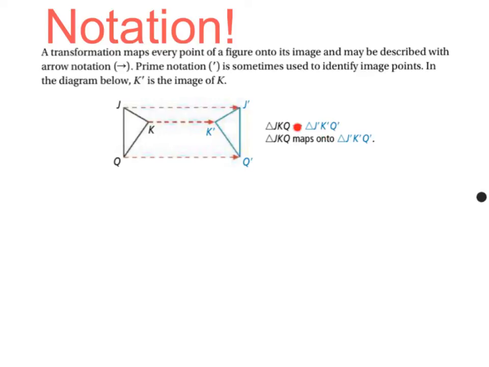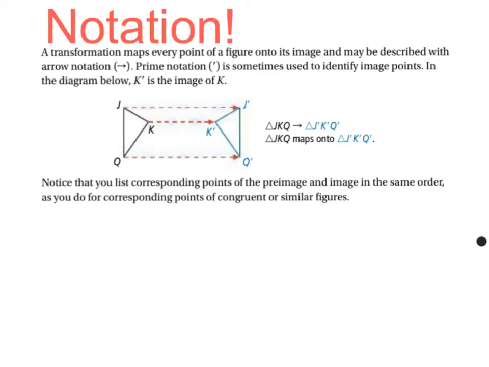Or instead of using the arrow, we could say maps onto. Also, again, notice that the corresponding vertices must be in the same order. So when we have mapping, J to J prime, K to K prime, Q to Q prime.